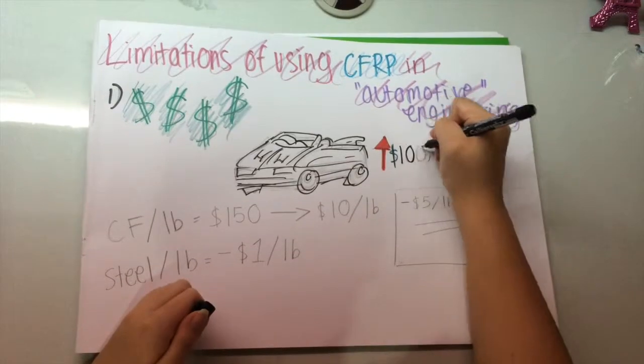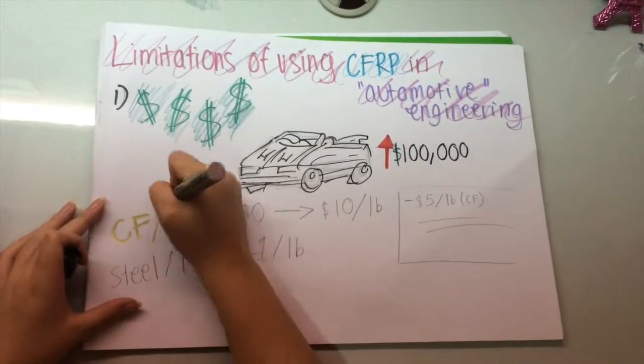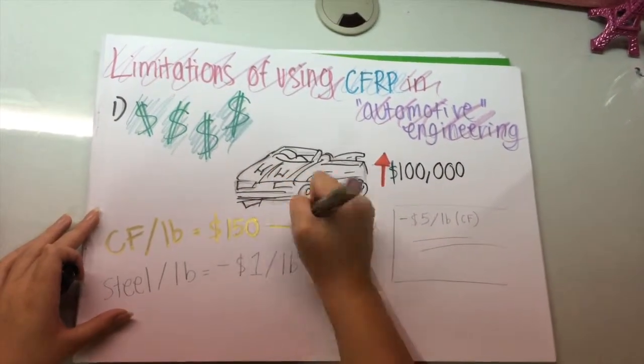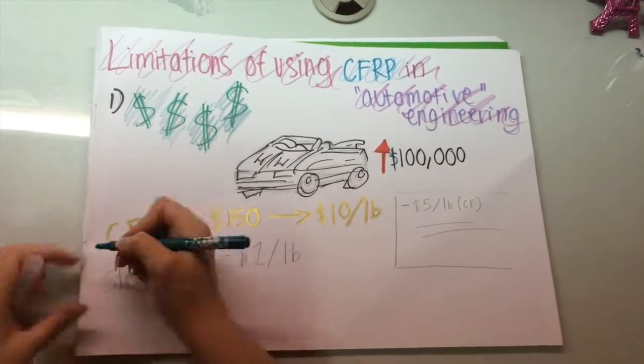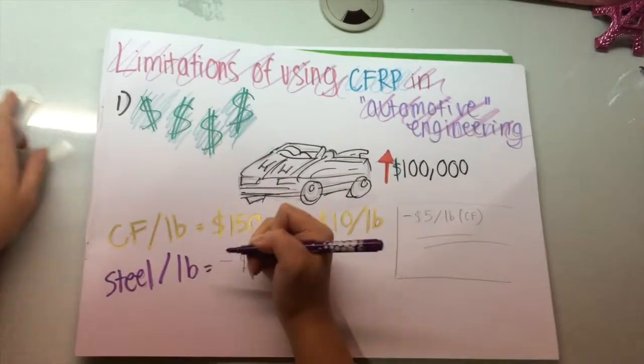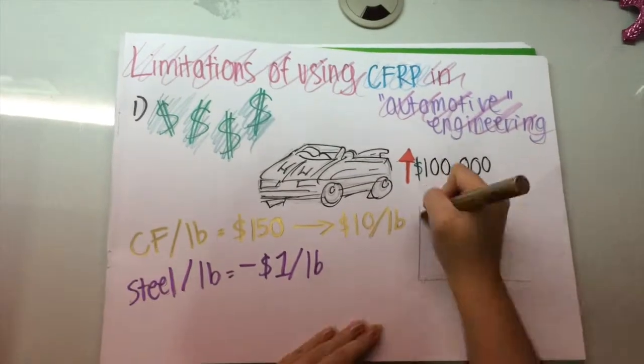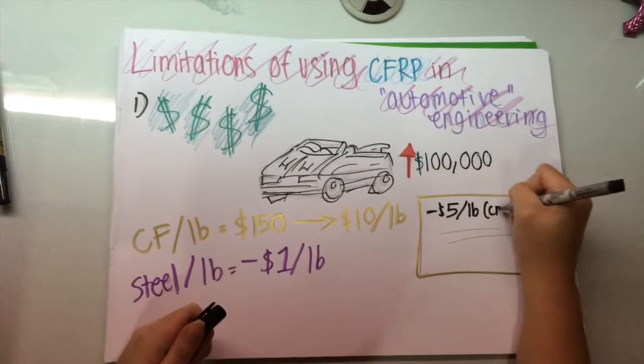Even so, a pound of steel costs less than $1. A reduction of $5 a pound in carbon fiber would be needed in order to have even the slightest chance of this material being widespread. Nevertheless, a couple more years could surely reduce the price of this fiber, providing hope.